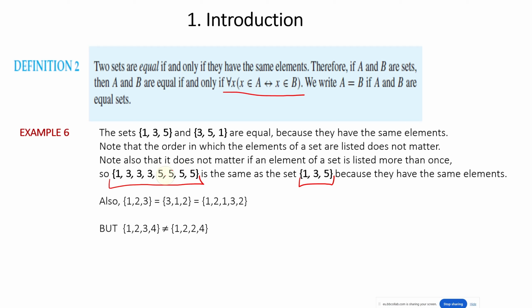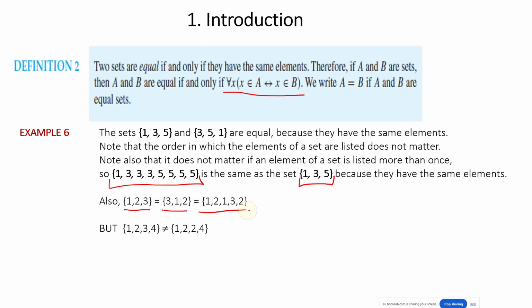Even though you can see the number of elements are not exactly the same, what we are seeing is that the redundancy doesn't count. We just see if that element exists, and that's it. Another example: this set is equal to that set, which is also equal to this set.